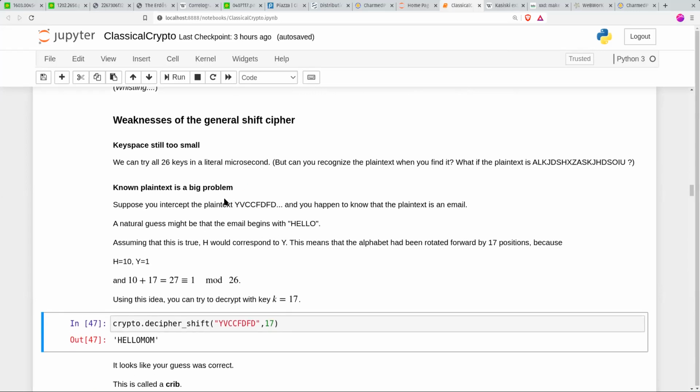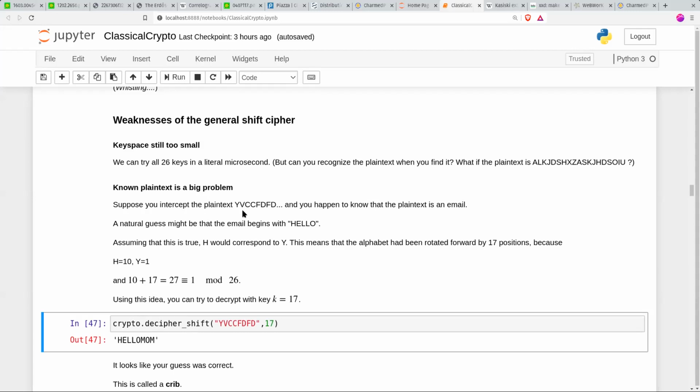Also, we're going to introduce something here called a known plaintext attack. So if you intercept a message, like let's say that we see this go by on the wire, YVCCFDFD, then you might have some natural guess about how the message begins.